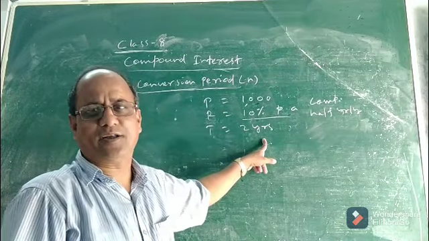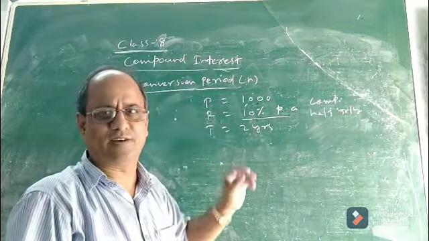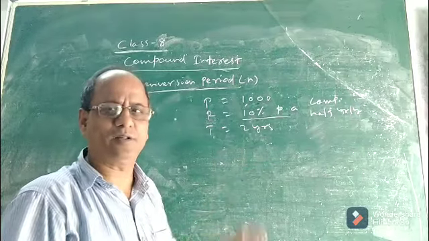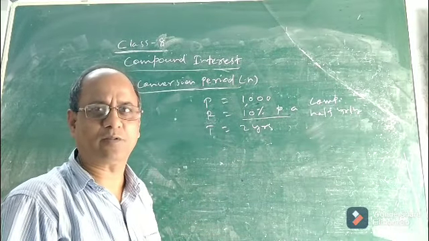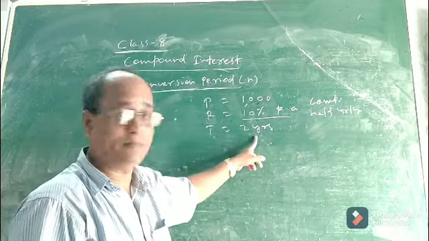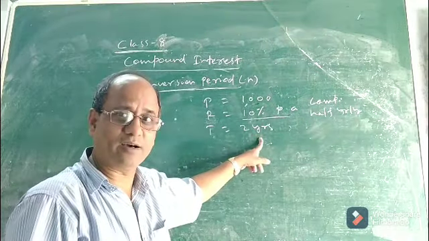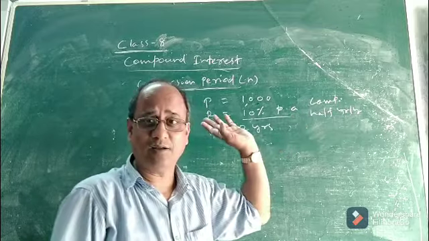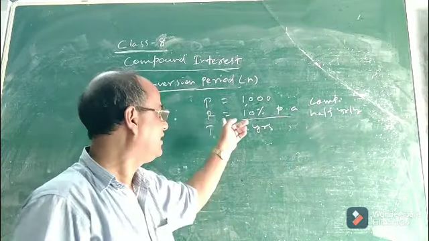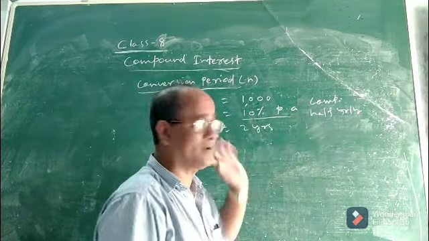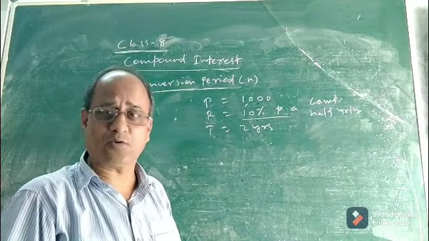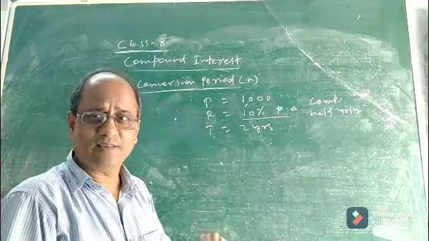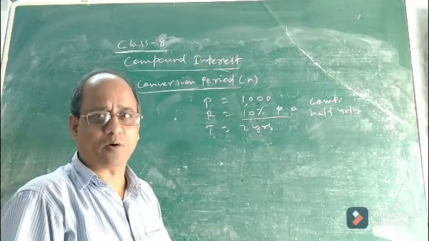So suppose the time period is 2 years. Now in this case, children, if I ask you what will be the conversion period, can you tell me? The time period is 2 years. Interest is compounded half yearly at 10% per annum and the money is kept for 2 years. How many times will the interest be compounded then?